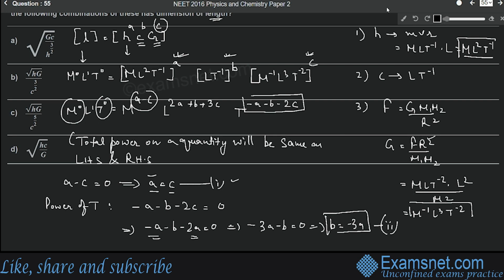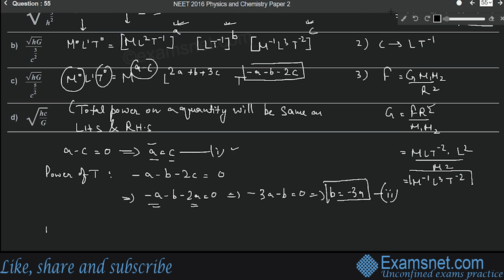Now we'll use the power of L. What is the power of L on the left hand side? It is 1, because length has the dimension L. On the right hand side it is 2a plus b plus 3c. Now in place of 3c we can write 3a, right?